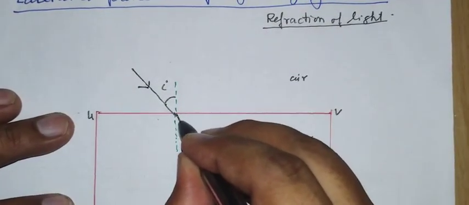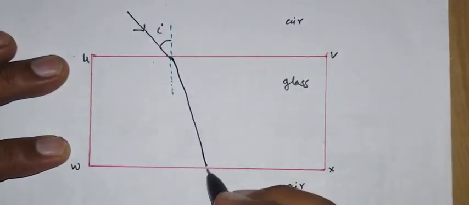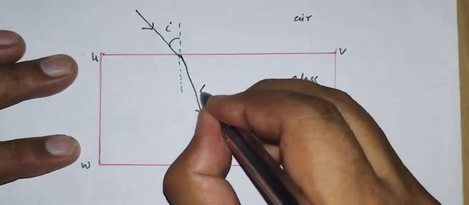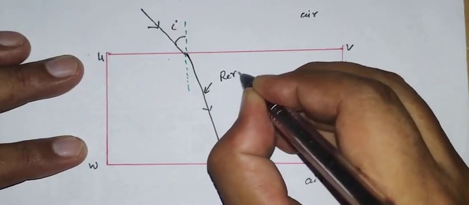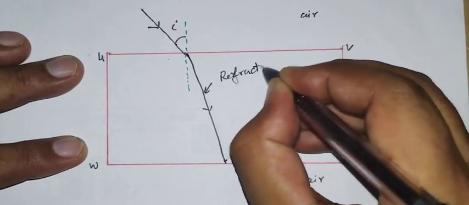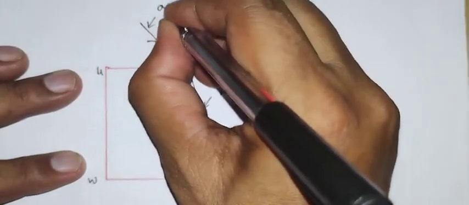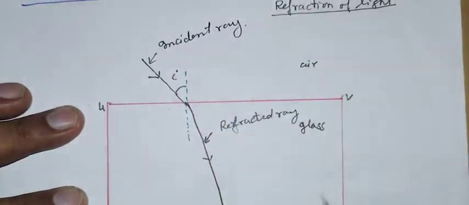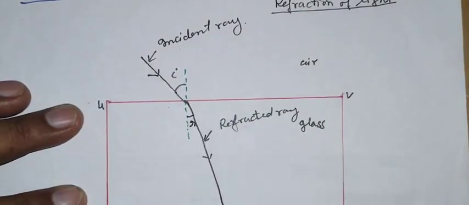So bending will take place in this way. This is a refracted ray, and this is angle R.